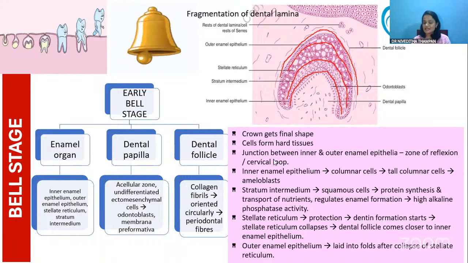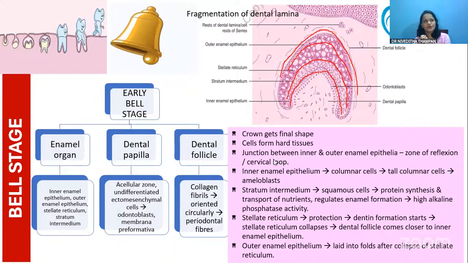Dentin is getting formed first, and only then is enamel getting formed. This is a very common mistake that students make, but please don't make this mistake again. Take it to mind that it is only the dentin that is getting formed first.